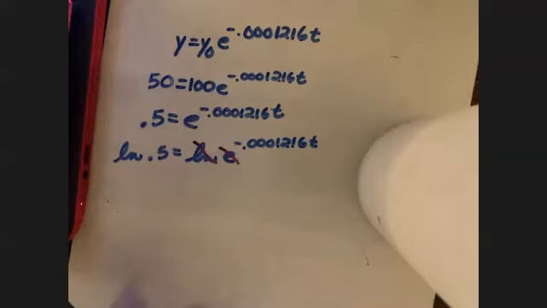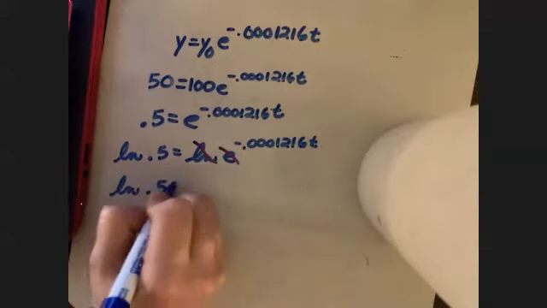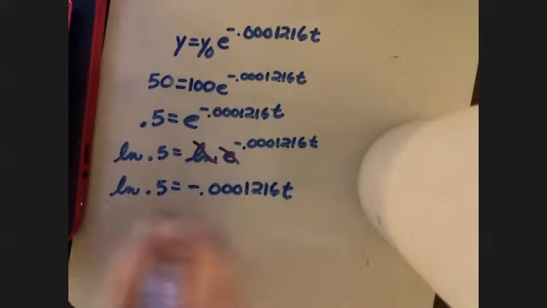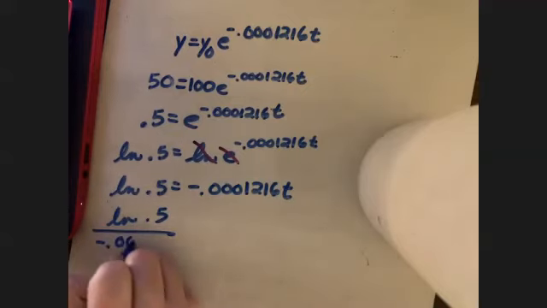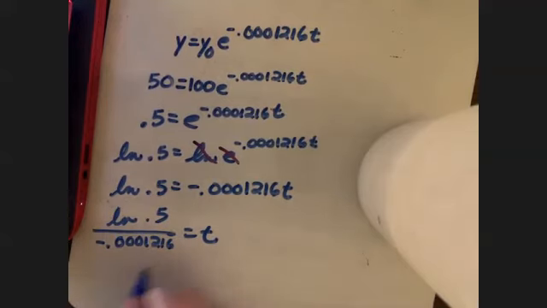The whole point of using natural log with e is so that we can do that cross out. Then we're going to do natural log of 0.5 divided by that lovely big old decimal number. And we get that t is basically 5,700. So it's about 5,700 years.